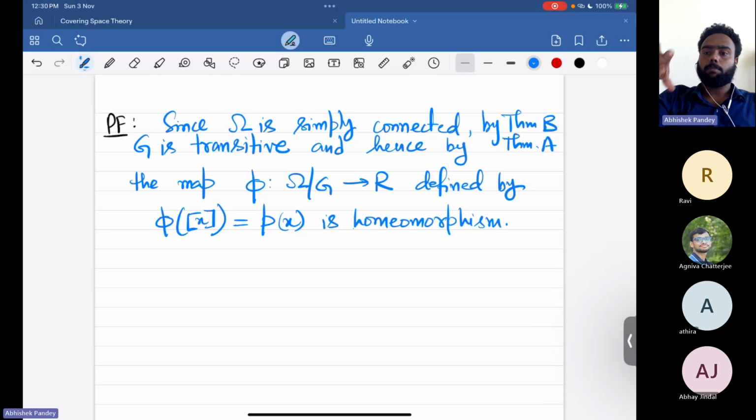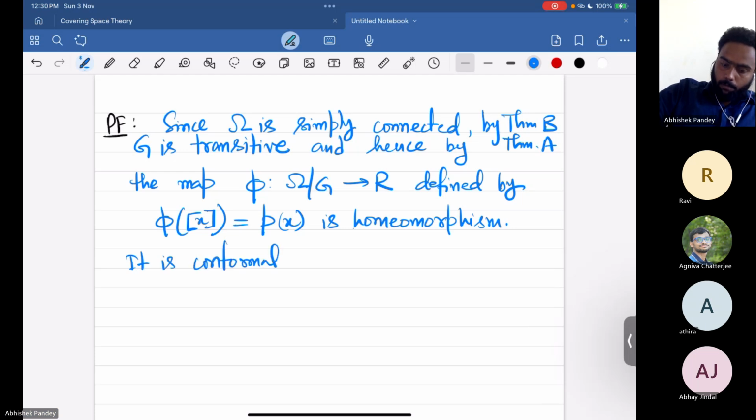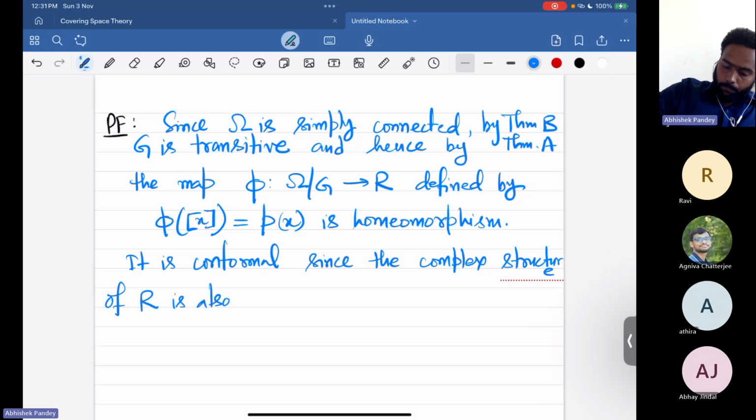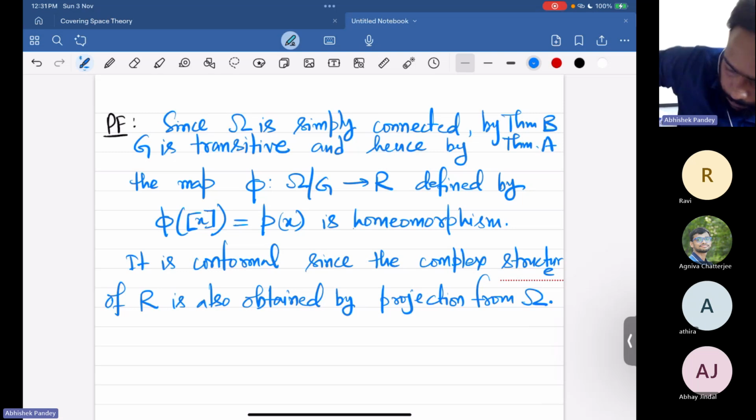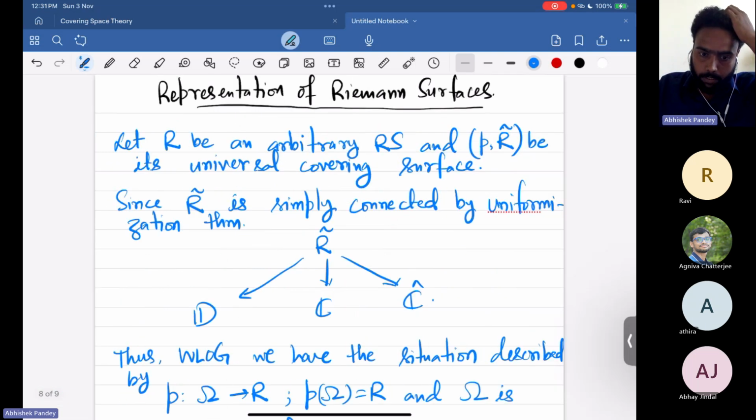Like the projected complex structure. So this is the important thing. This is the representation of Riemann surfaces.